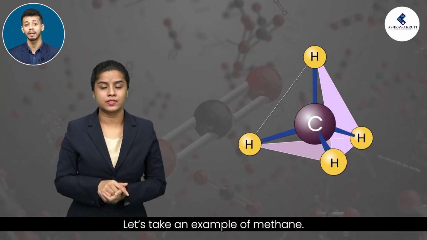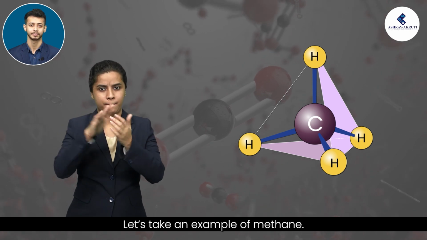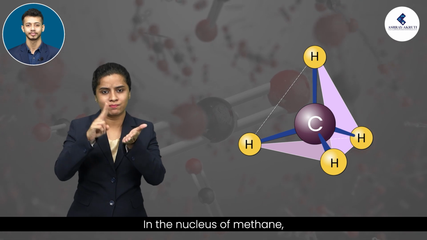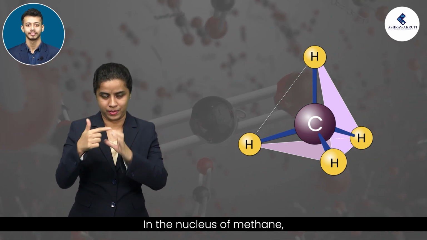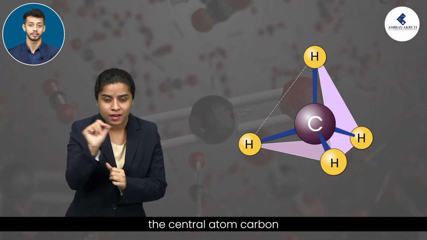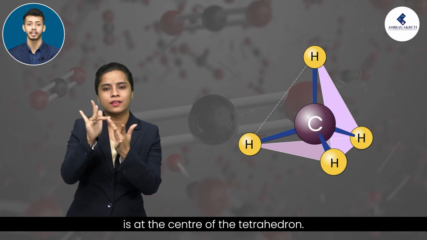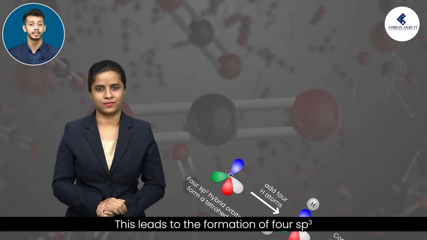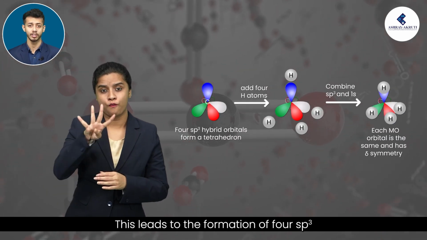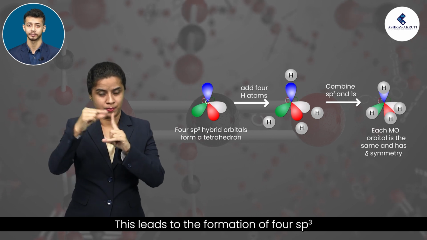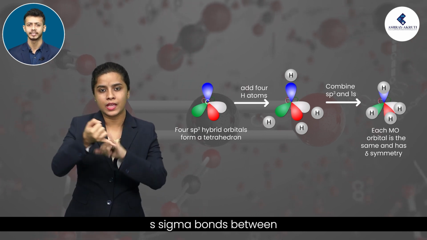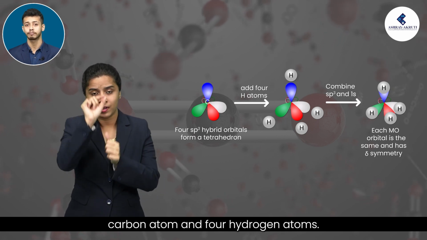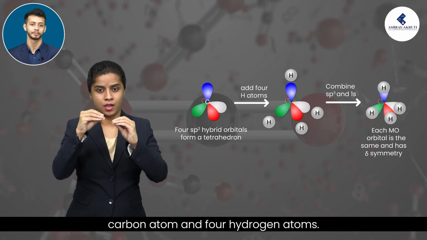Let's take an example of methane. In the molecule of methane, the central atom carbon is at the center of the tetrahedron. See figures. This leads to the formation of 4 sp3-s sigma bonds between carbon atom and 4 hydrogen atoms.